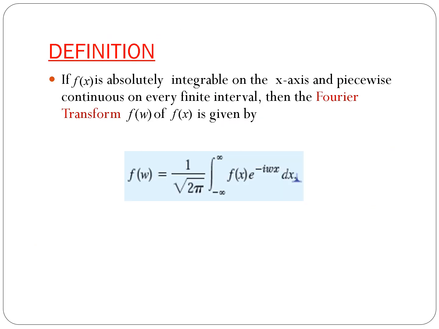Now we see the definition of Fourier transform. If a function f of x is absolutely integrable on the x-axis and piecewise continuous on every finite interval, then the Fourier transform F of omega is given by F of omega equal to 1 by root of 2 pi integral minus infinity to infinity f of x e raised to minus i omega x dx.